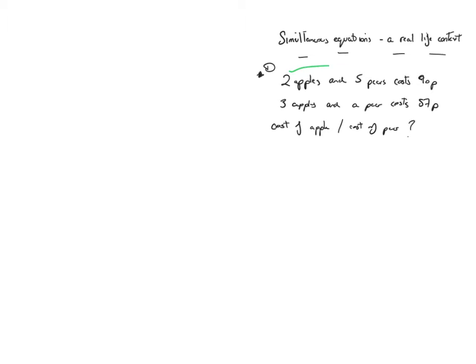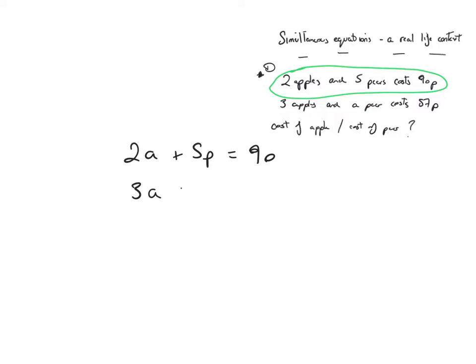Now this is pretty intuitive as to where we go with that. 2 apples, 2a plus 5 pears, 5p costs 90 pence. 3 apples plus 1 pear will be 57 pence. Equation 1, equation 2.